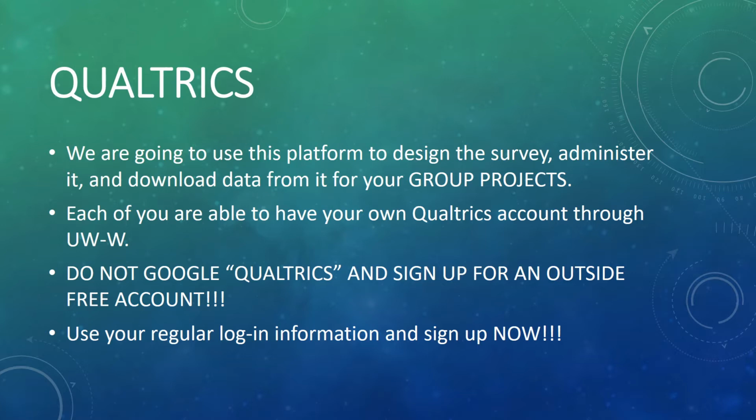People have made that mistake in the past despite my telling them not to, and the problem will be later because if you sign up for a free account, they will not let you extract or take the data that you collected, which is exactly what we need to do. So again, go into the homepage for our campus and sign yourselves up now for a Qualtrics account that we can then work with as we go into our group projects soon.